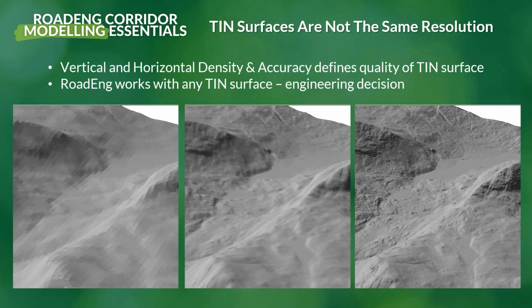And RoadEng will pretty much work with any tin surface you give it. So it really comes down to being an engineering decision whether or not you are comfortable with the quality of the survey data that you've put in for your engineering projects. And you can see with the pictures here, going from some really coarse SRTM level data on the left through to a much higher resolution LiDAR data set on the right.